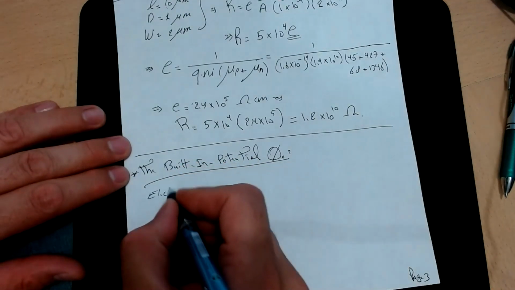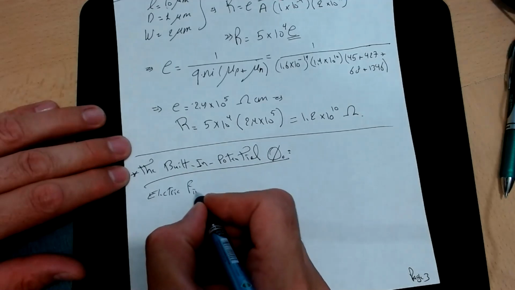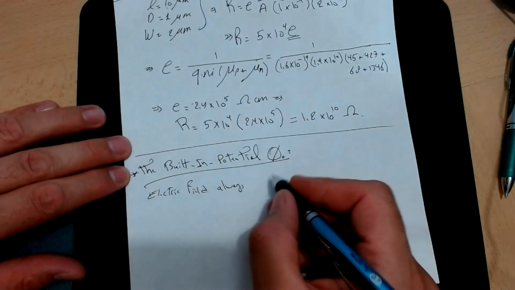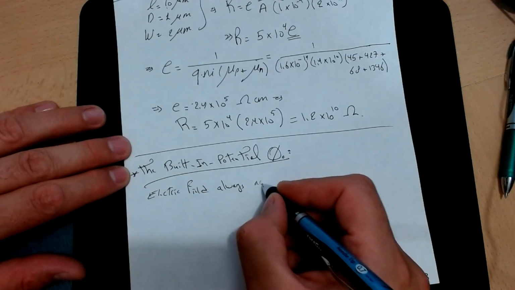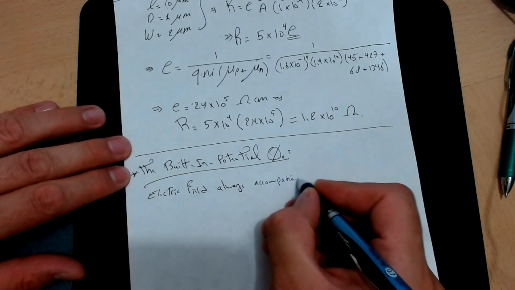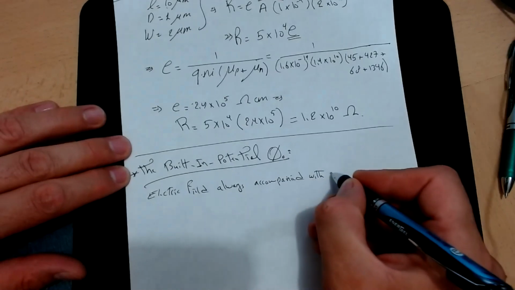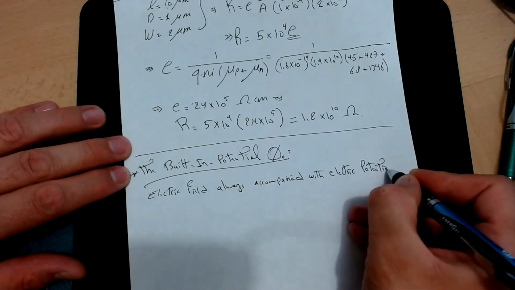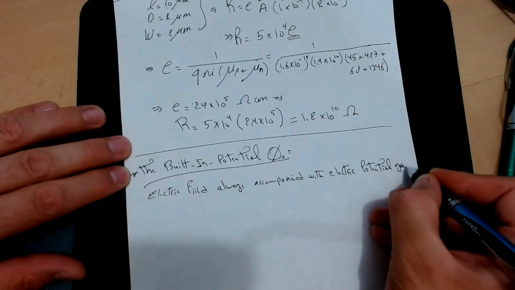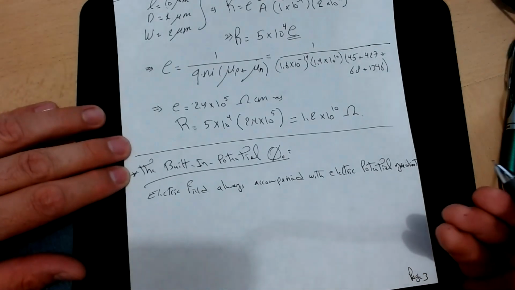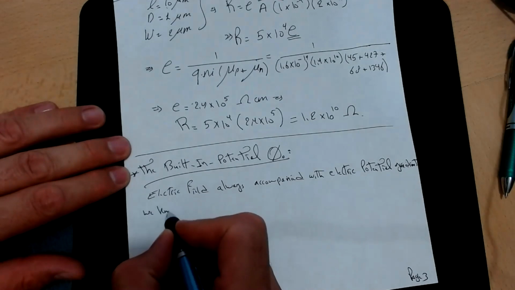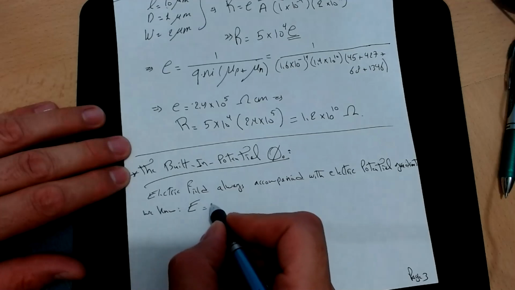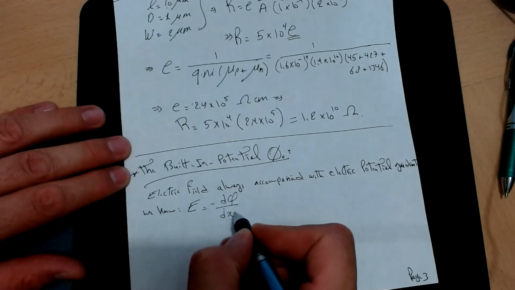The electric field is always accompanied with electric potential. So we know that the electric field is equal to the negative gradient of phi, dphi/dx.